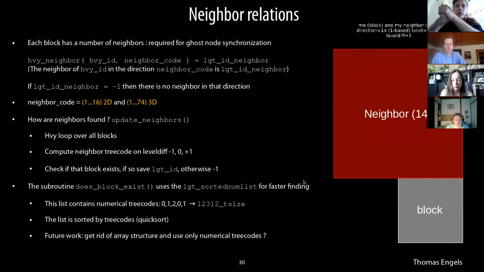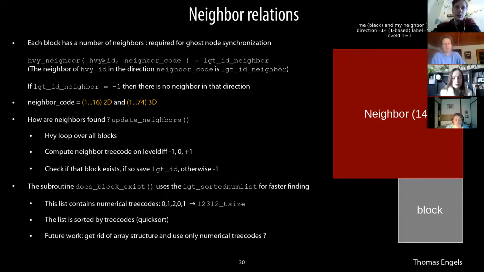The next thing, so from now on, it is going to be more brief. Conceptually, I'm just going to introduce the concepts rather than going very much into detail. What we need to know is the neighbor relations. That's imperative for MPI parallelism. So the way we do that is this heavy neighbor array.